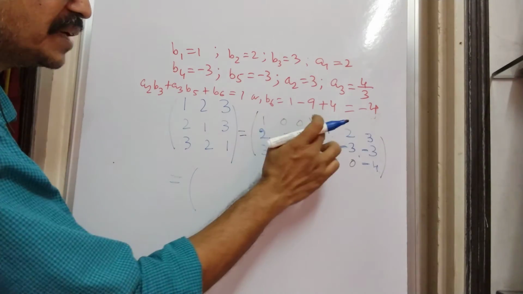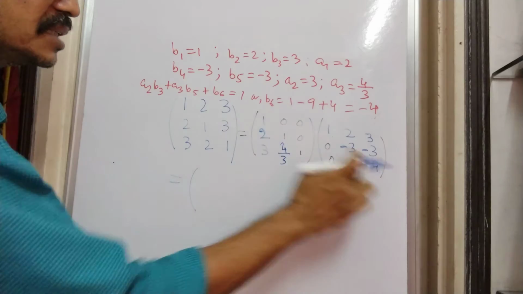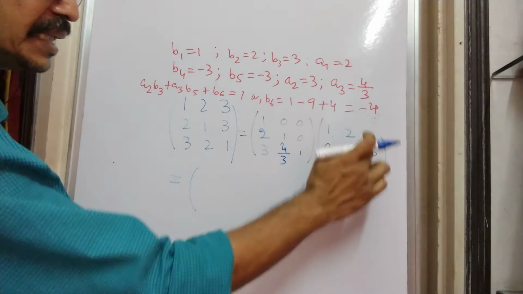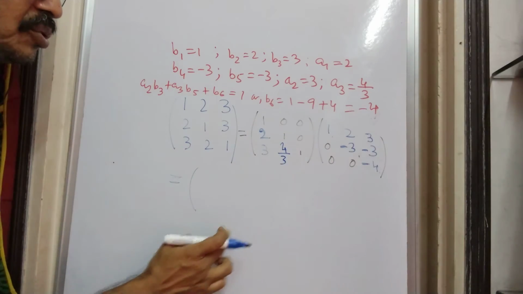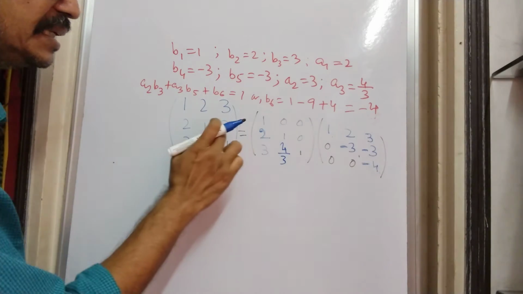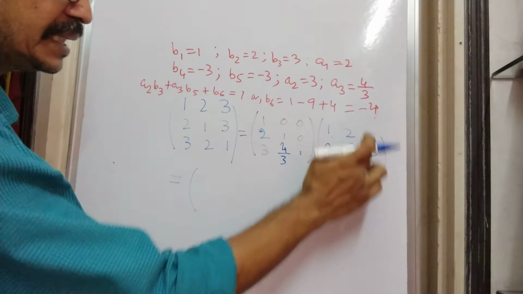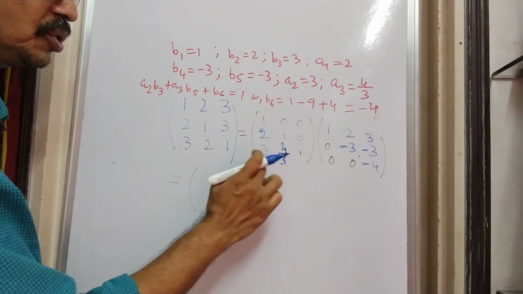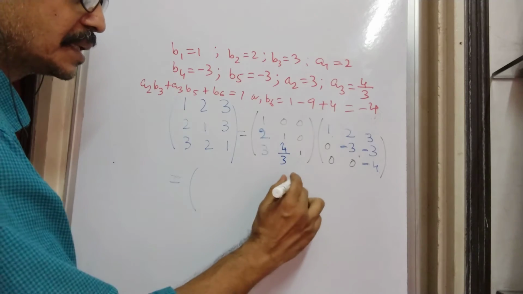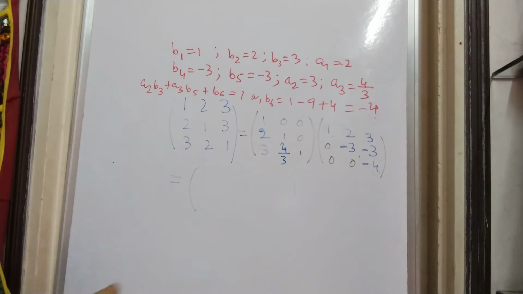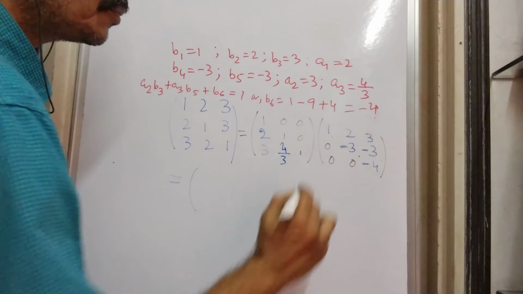So third column into first row gives 3 into 1, these 2s are 0, so gives 3. Then third column into second row gives 3 2s are 6 minus 3, 3, it matches. Then third column into third row. So 3 3s are 9, 3 3s are 9. And then we have minus 4.